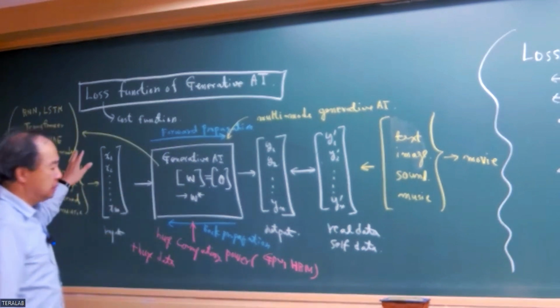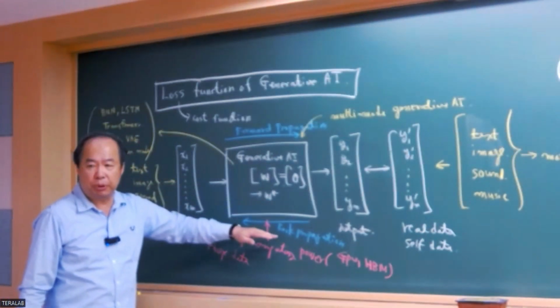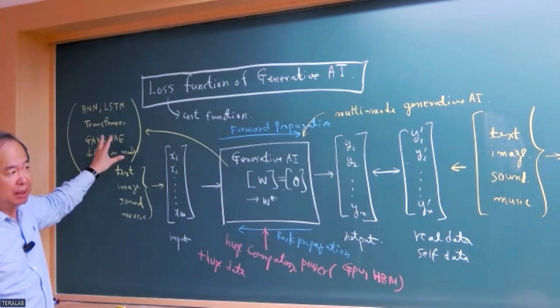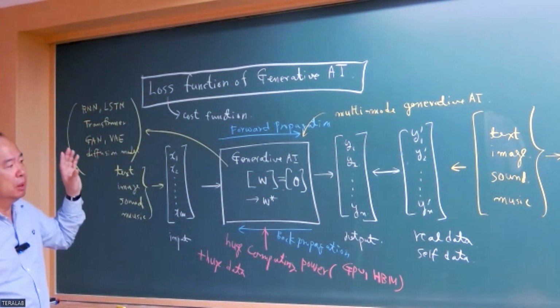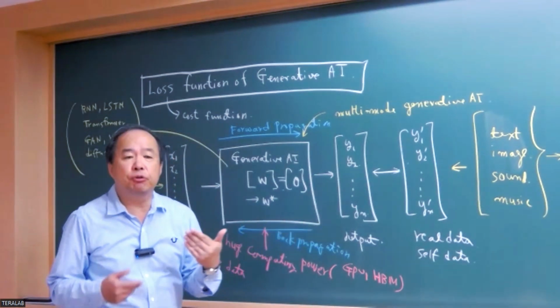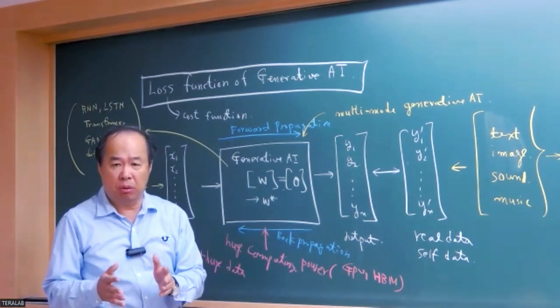In the next classes, I'm going to give you the back propagation and chain rule equations for many different types of generative AI. But when we start back propagation, we have to define what is right and what is wrong.